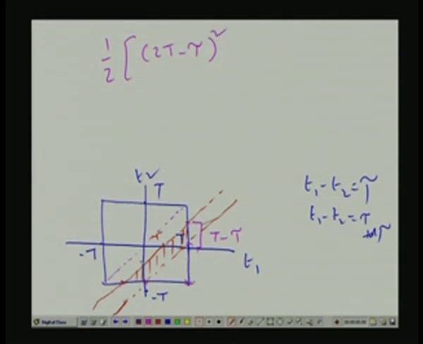And how about the inner triangle? Instead of T minus tau, it is T minus tau minus d tau. So, it will give rise to d tau, okay, square.